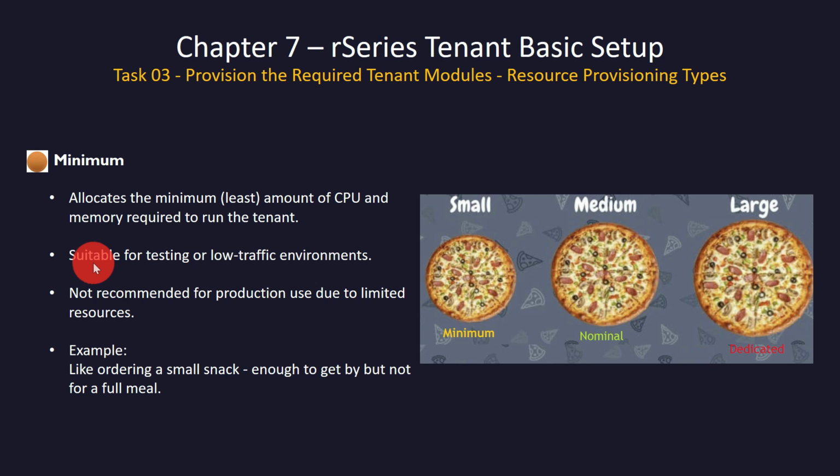This is suitable for testing or low traffic environments. Definitely, it is not recommended for production use because of the limited resources. For example, it is like you are going to Pizza Hut and ordering a small snack meal, which is enough to survive, but it is not ideal for full use.